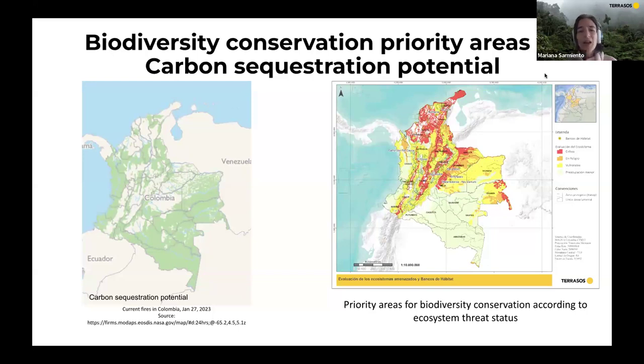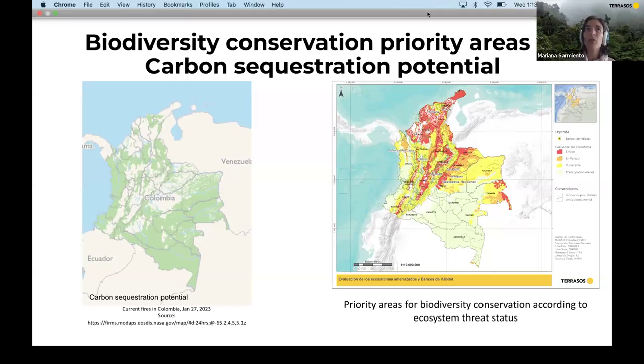To the right, you have where threatened ecosystems are. And if you notice, they don't match, right? So at the end of the day, biodiversity markets are complementary to carbon markets. And not only are they complementary, but they also have the potential to fill a gap in terms of conservation finance that carbon finance can't fill.